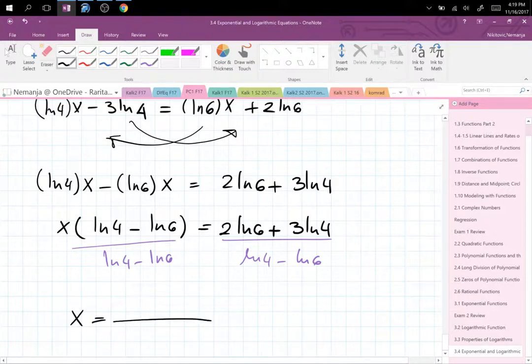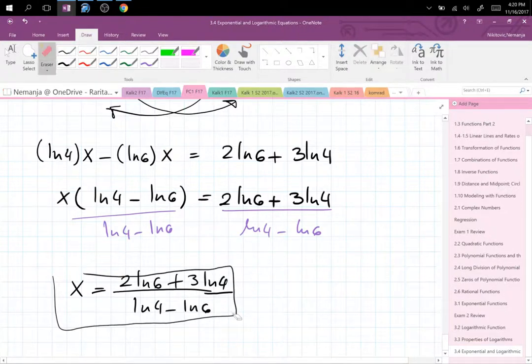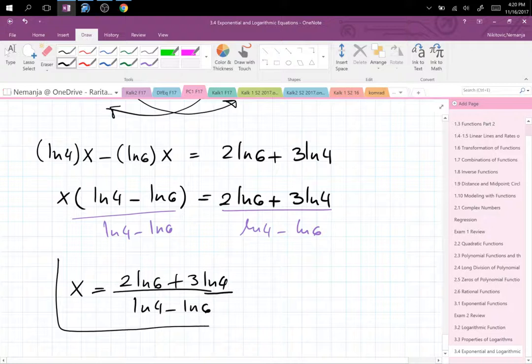You have 2 ln 6 plus 3 ln 4 divided by ln 4 minus ln 6. There we go. Now that's exact.